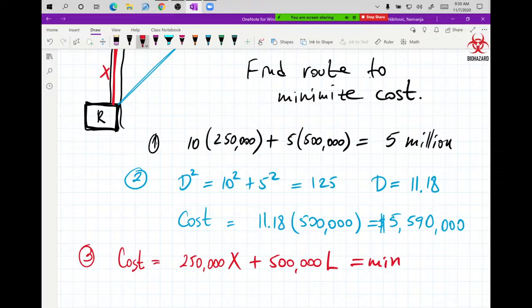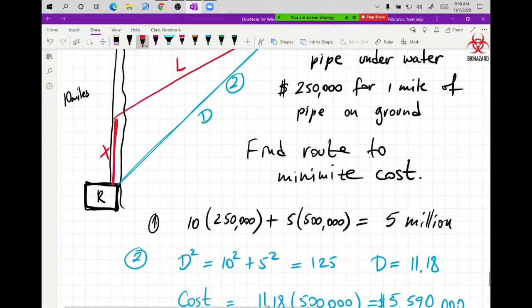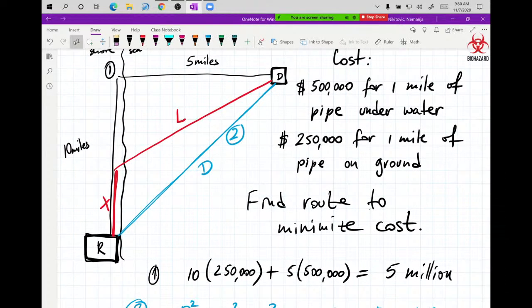Now, all we need to do is to find our other equation, the constraint, which is the equation that connects x and L, and we are done. Now, yes, I do have that this D is 11.18, but that doesn't really help me because this triangle is not a right triangle, so I can't use Pythagorean theorem on the red-blue triangle.